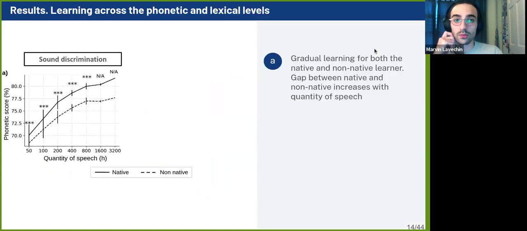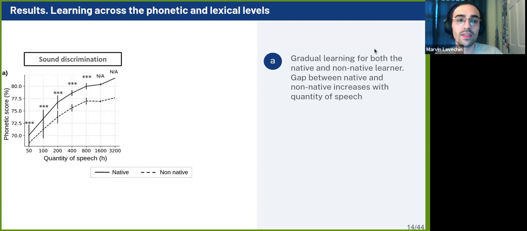All right, so about the results. Here you have the phonetic score computed on the ABX discrimination tasks for models trained on varying quantities of speech. Here we limit ourselves to 3,000 hours of speech, which is equivalent to the quantity of data children receive during the first 3 years. Remember the graph I presented earlier.